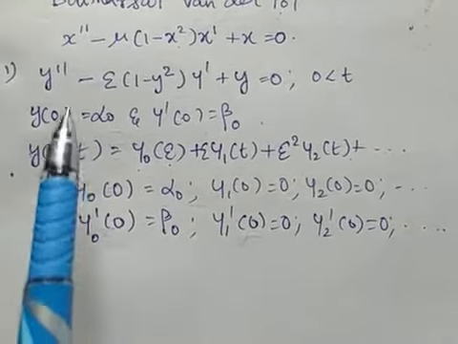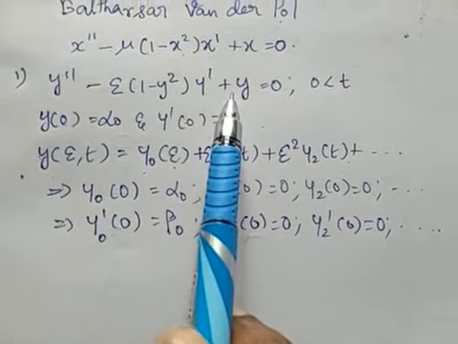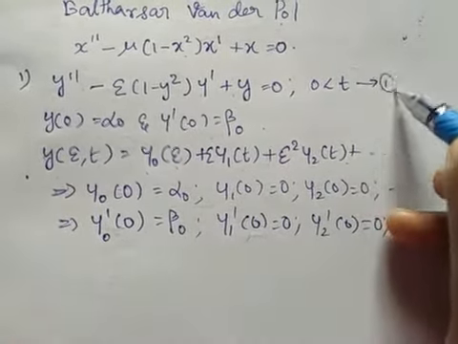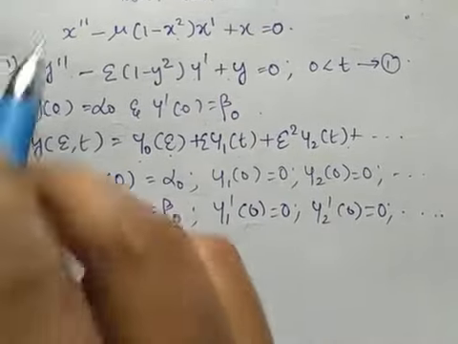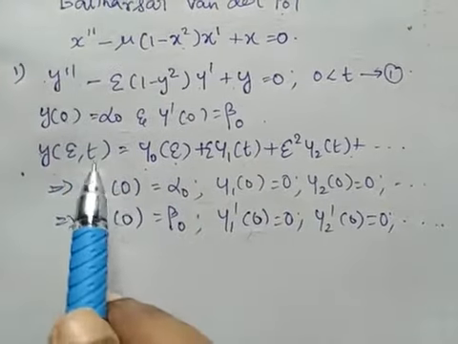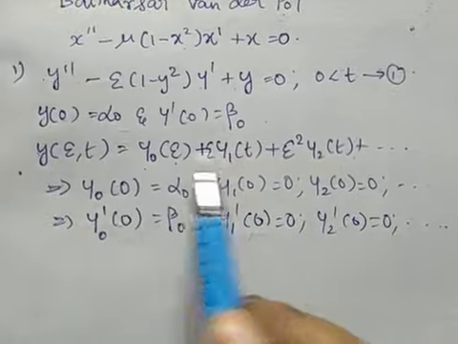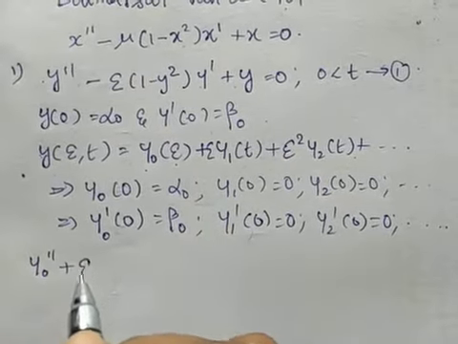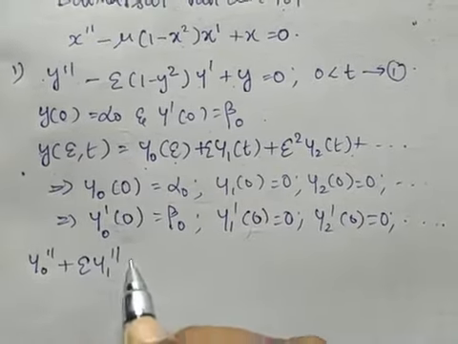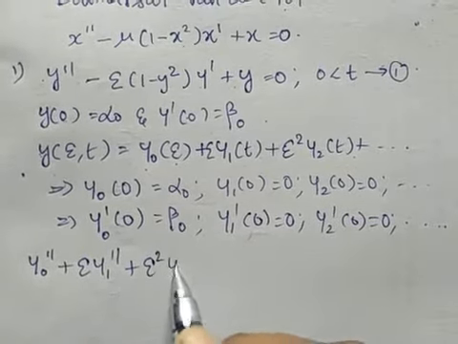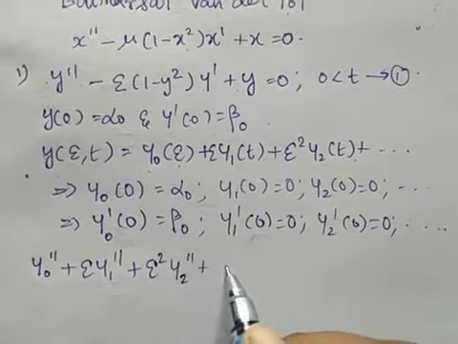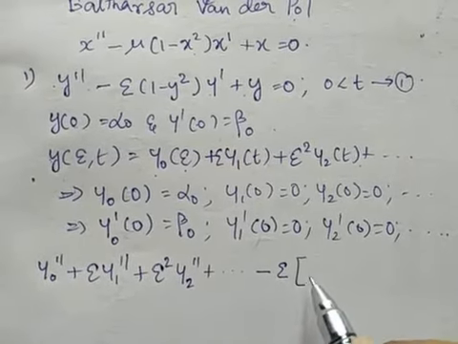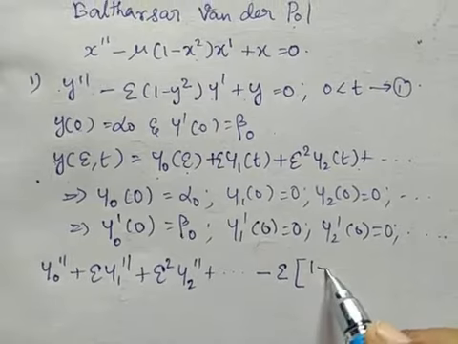Now we have to substitute y dash and y double dash in the given equation. So equation 1 becomes: y double dash means we have to differentiate y twice. So we will get y0 double dash plus epsilon y1 double dash plus epsilon square y2 double dash etc., minus epsilon into (1 minus y square).